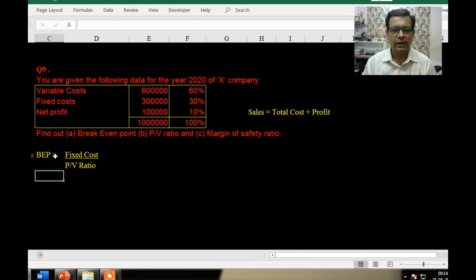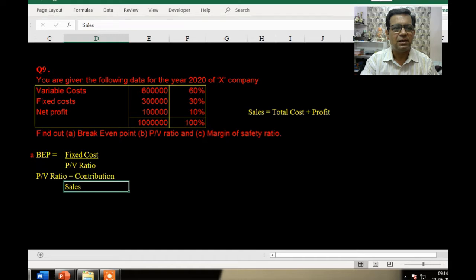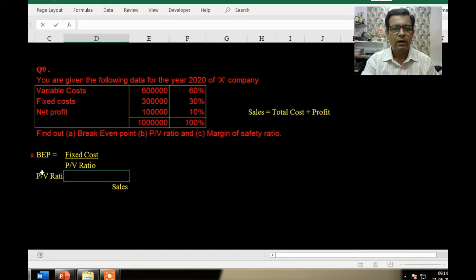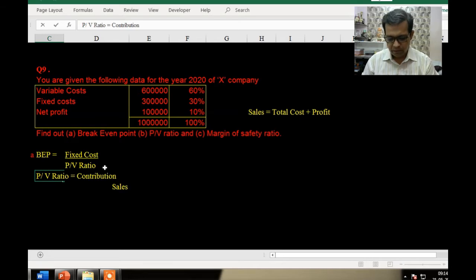No. Let's calculate. So PV ratio is equal to, what's the formula for PV ratio, guys? Contribution by sales, and contribution by sales is then to be multiplied by 100.